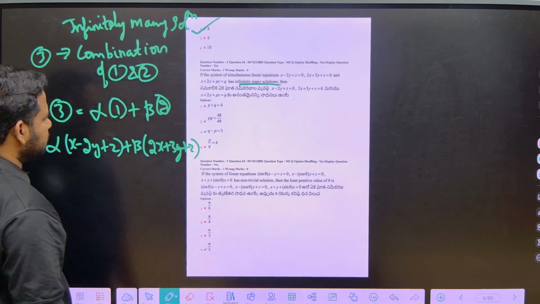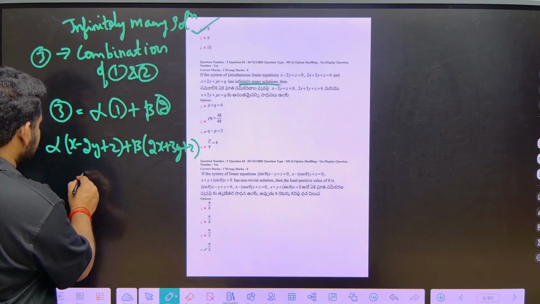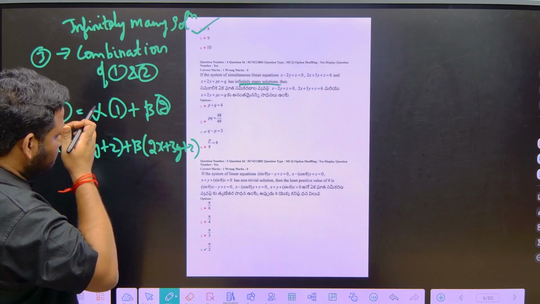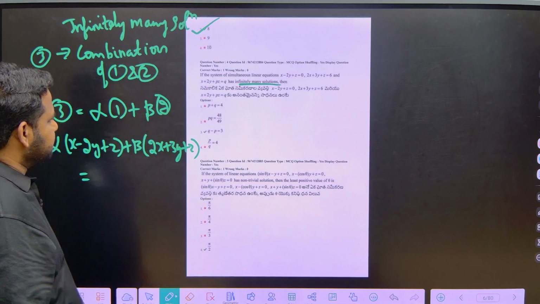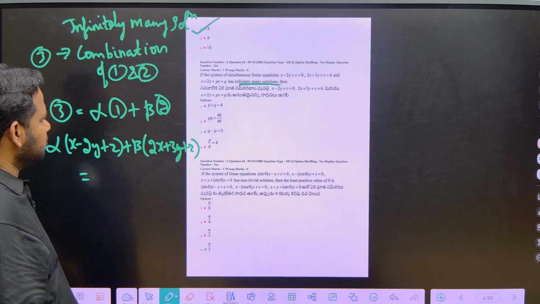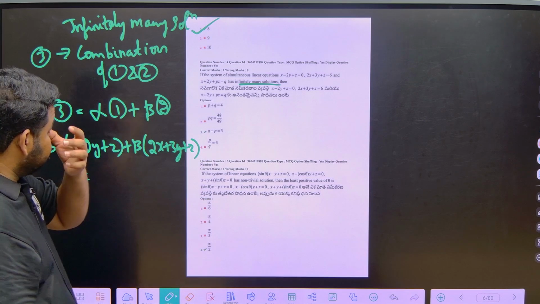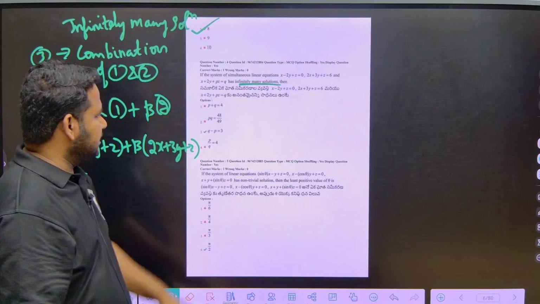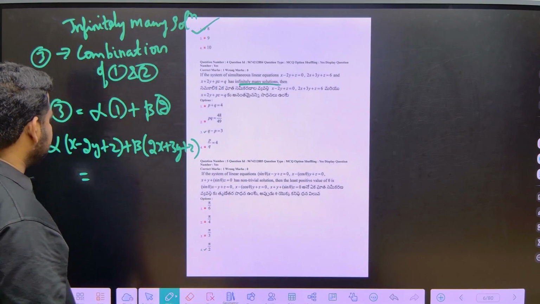That is equal to the third equation, x plus 2y plus pz, which is equal to q. Here 6 is also there. You have to bring 6 to the LHS, or you can keep it as it is, no problem.